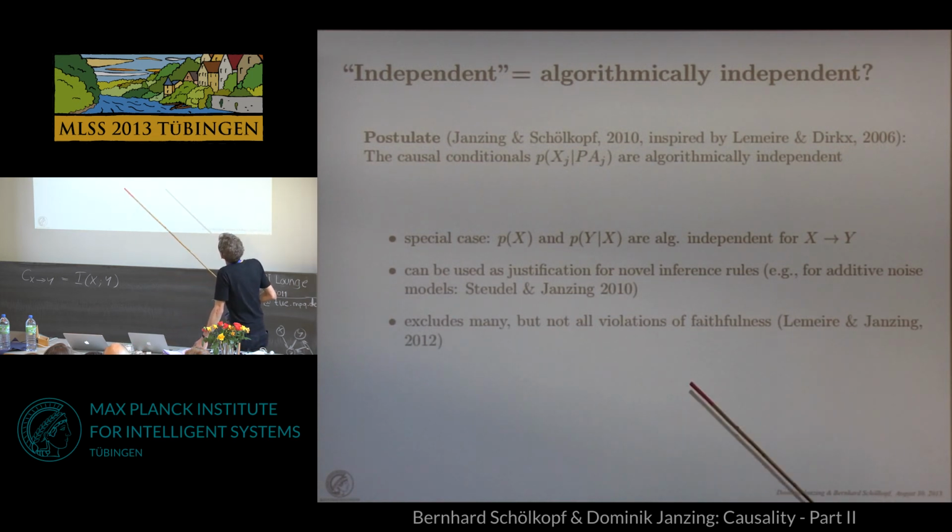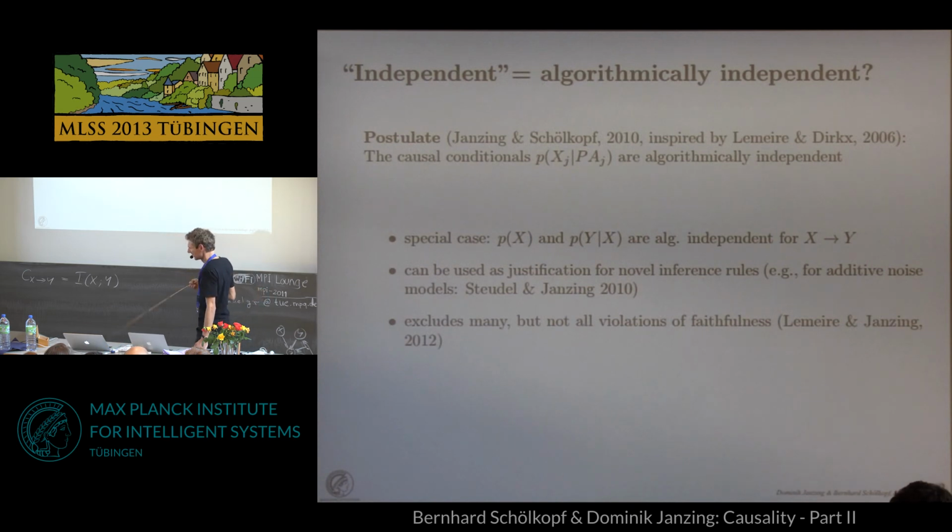And we claim that the vague notion of independence Bernhard was talking about, that the distribution of the cause and the distribution of the effect given the cause are independent in a sense, could be formalized via algorithmic independence.